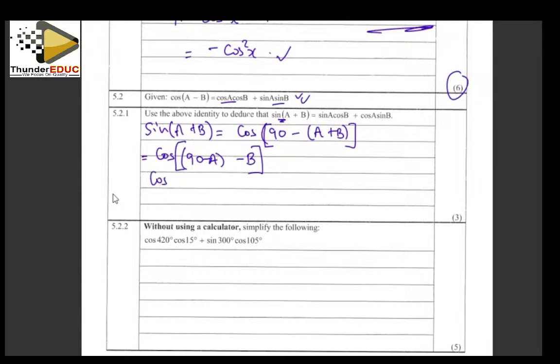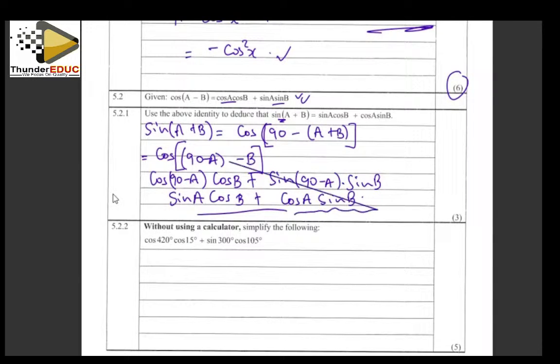So that's going to be cos of 90 minus A, okay, and then the cos of B, plus the sine of 90 minus A, and then the sine of B. So we know that cos of 90 minus A will just give us the sine of A, and that is a cos B. Then this is going to be, let me put a plus for now, the sine of 90 minus A is going to give me a cos of A, and then that is the sine of B. So this is what they needed. It's basically what they have there. So that's how we would have gone about this question.